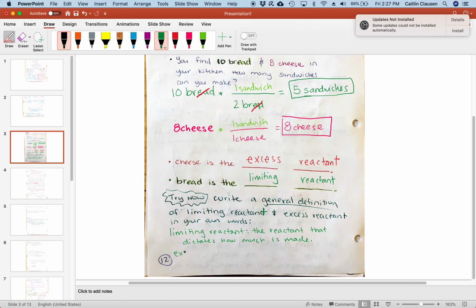While excess reactant does not dictate how much product is made. This is in terms of products.